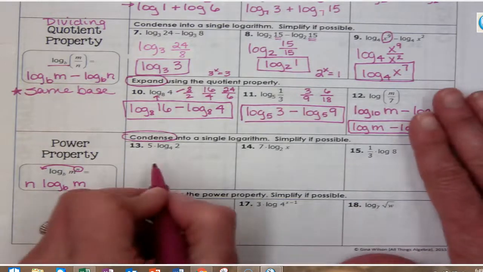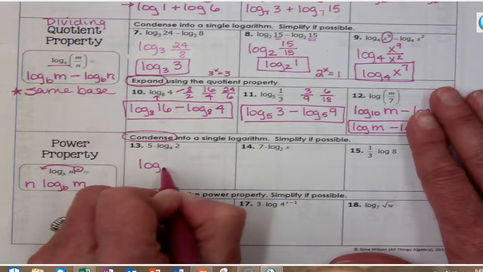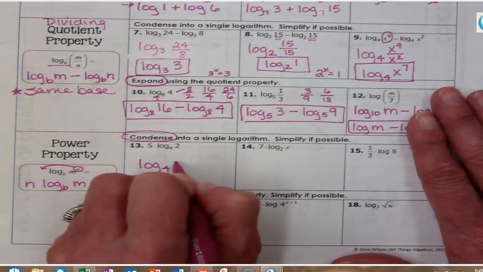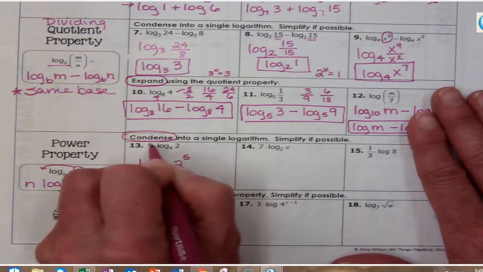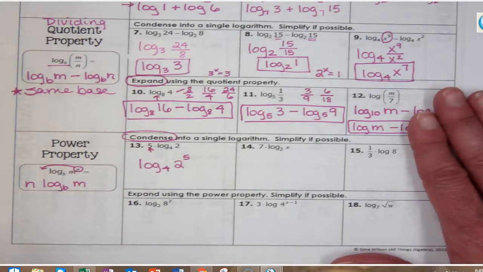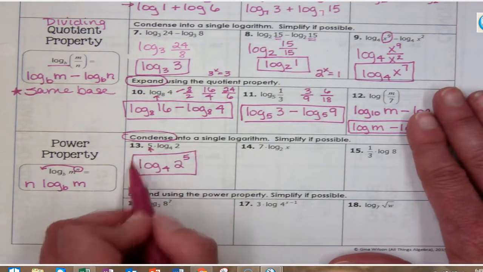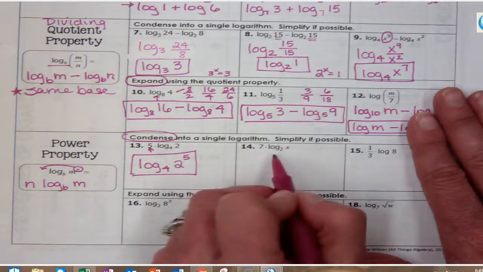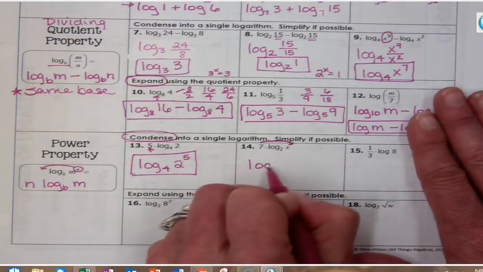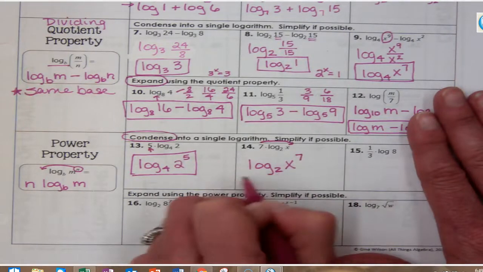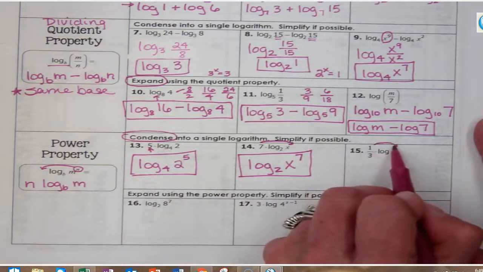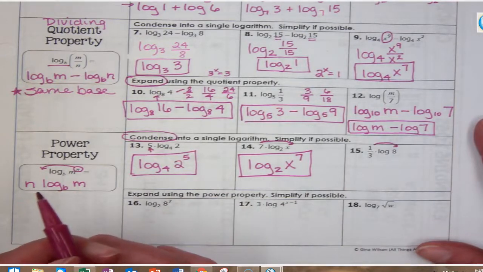So we've got 4 log base 4 of 2 raised to the 5th power. This actually becomes the exponent. This is the exponent of the exponent. There's your condensed version. So again, your 7 is going to become your exponent. So log base 2 of x to the 7th power. And 1/3 becomes your exponent.